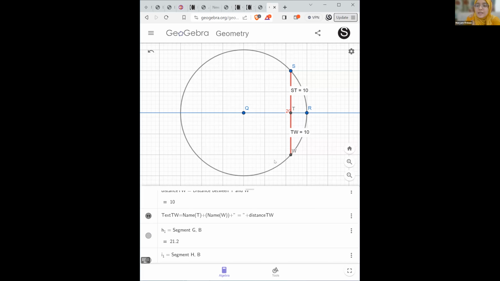So the original length of the chord was 20 and it is being bisected. Both parts of this chord are now equal. Understood what this means? A perpendicular to a chord bisects the chord. Did you understand this?